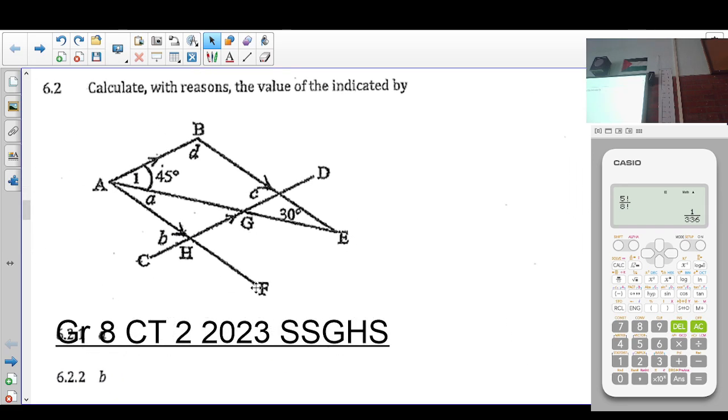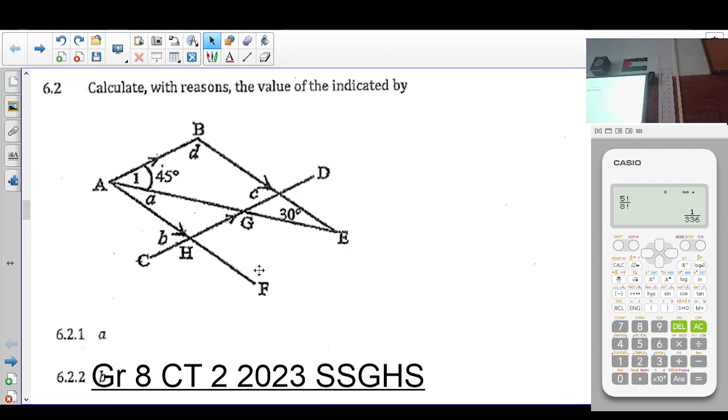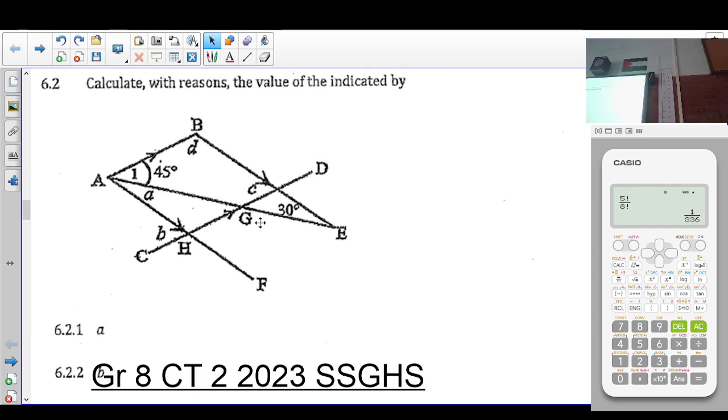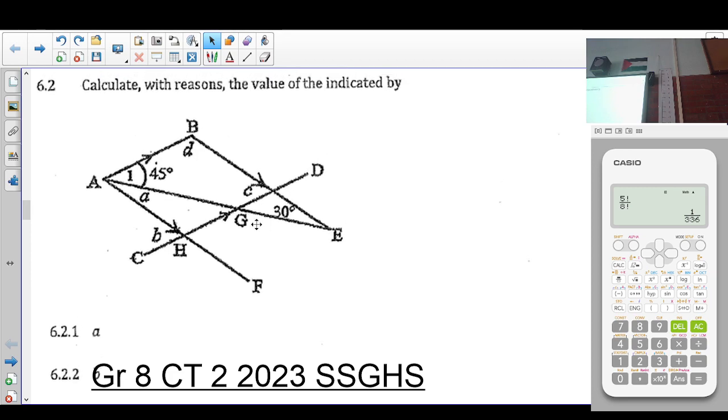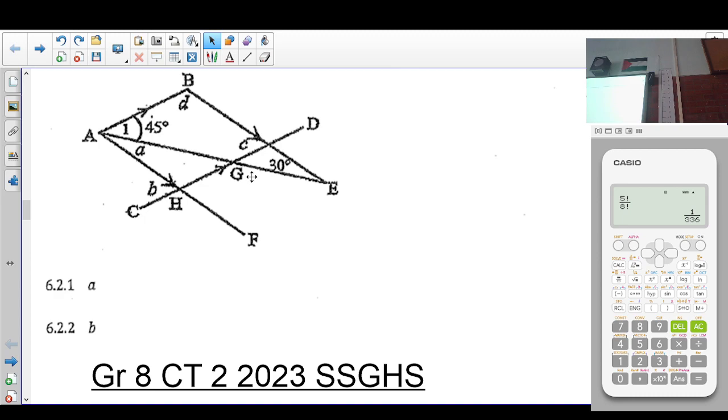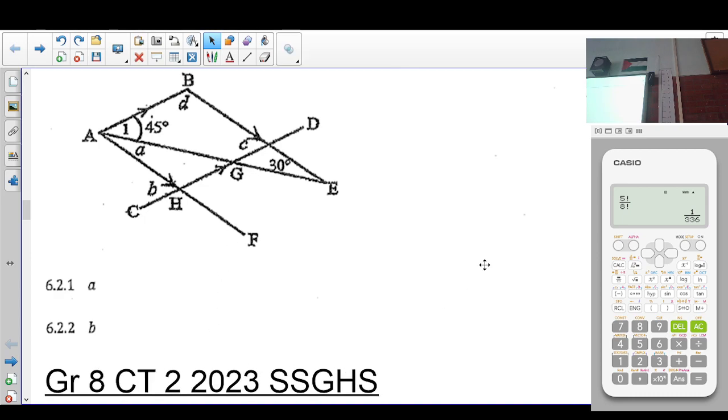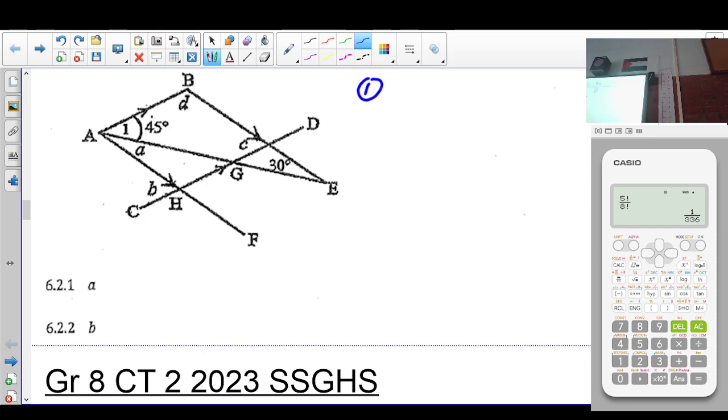6.2. Calculate with the reason the value of the angles indicated by a, b, c and d. First case, a. As you can see here, alternate angles are equal. So a is equal to 30 degrees.